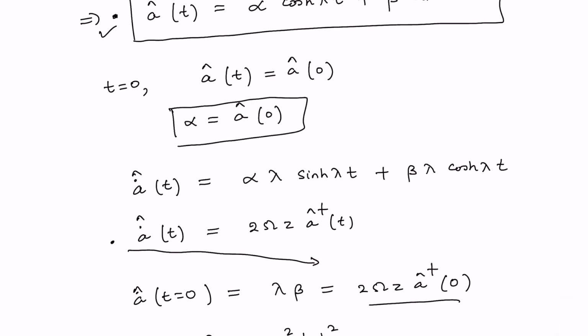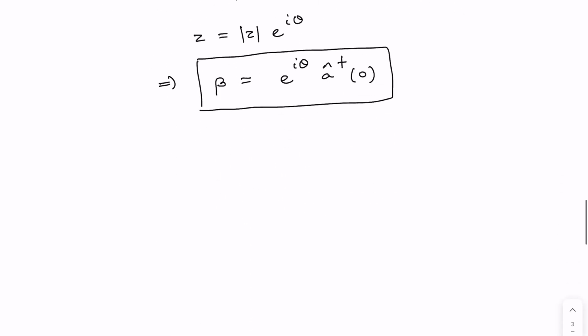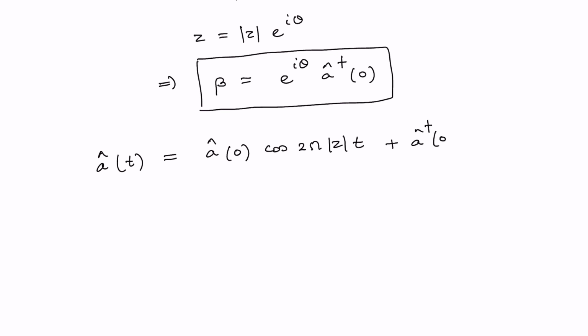Therefore, putting the value of alpha and beta, I get a of t is equal to a of 0 cosh lambda t, where lambda I have taken as twice omega mod z, plus a dagger 0 e to the power i theta sinh lambda t, that is sinh twice omega mod z t.